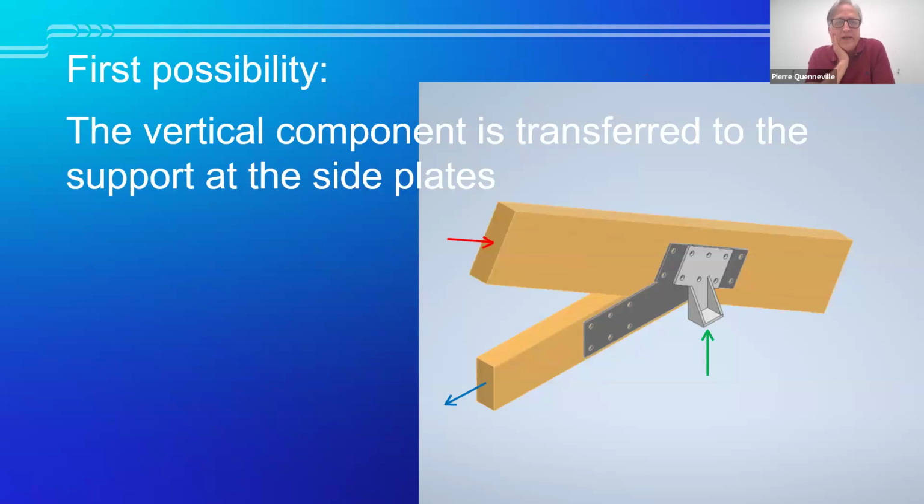Well, one possibility is to have an extra support that is attached to the connection side plate. And that extra support would take care of the vertical component at the connection.